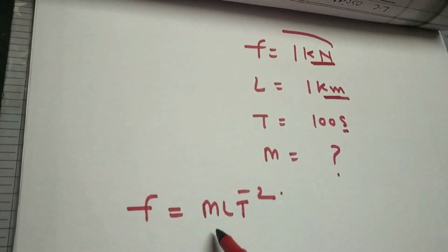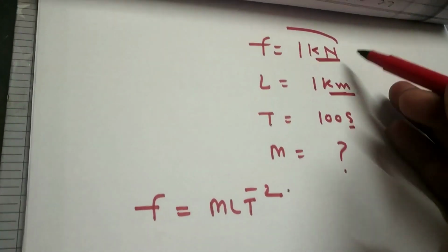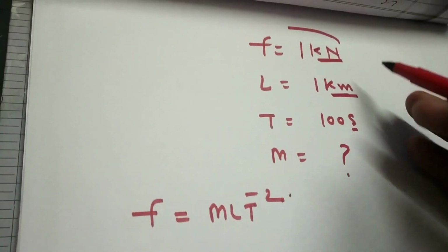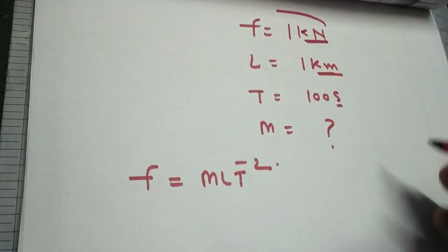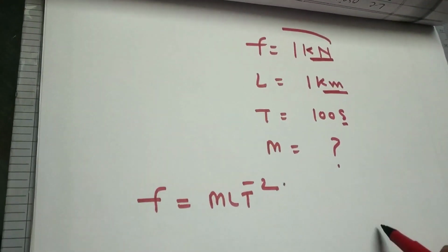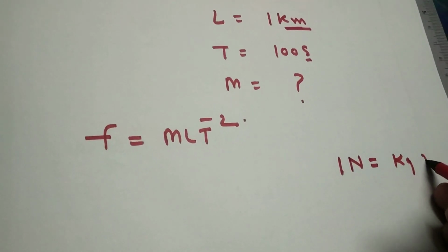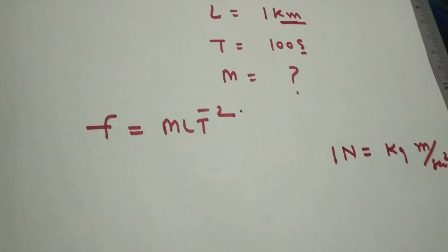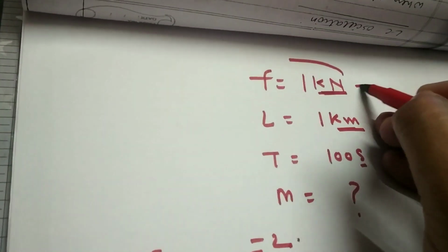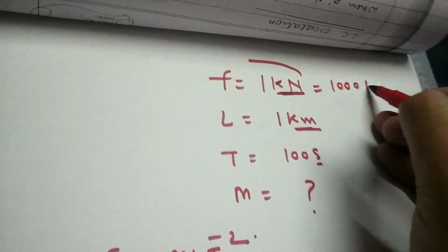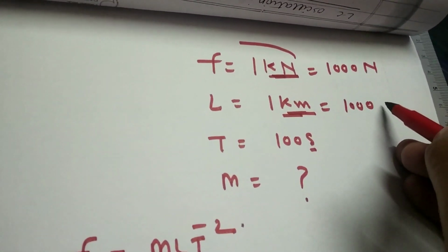Suppose you want to find mass in kilogram. It means force you have to convert into Newton and length into meter, because 1 Newton equals 1 kilogram meter per second square. So 1 kilonewton converts into 1000 Newton, and kilometer is 1000 meter.